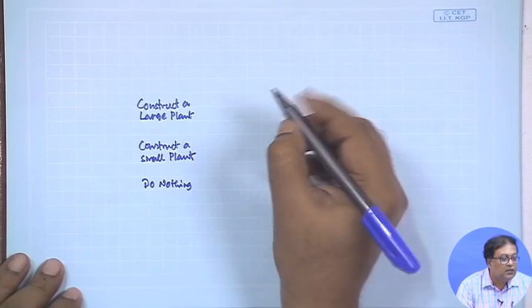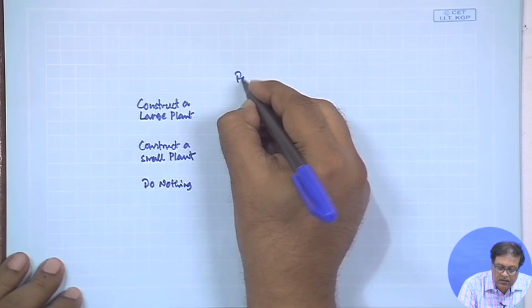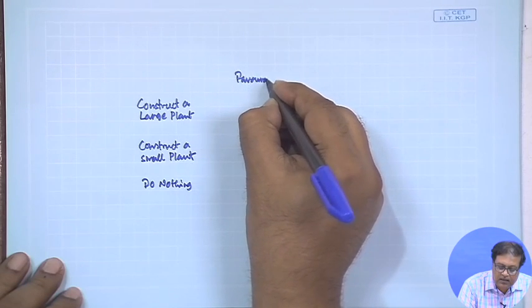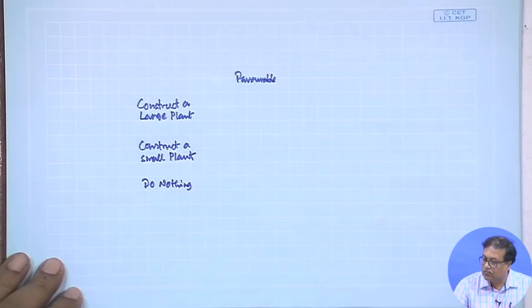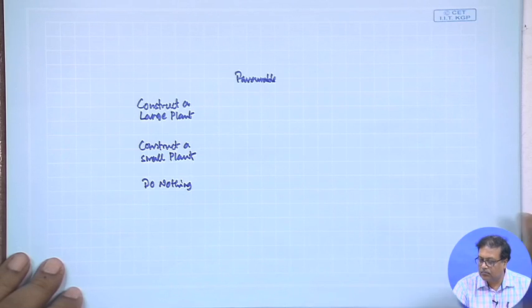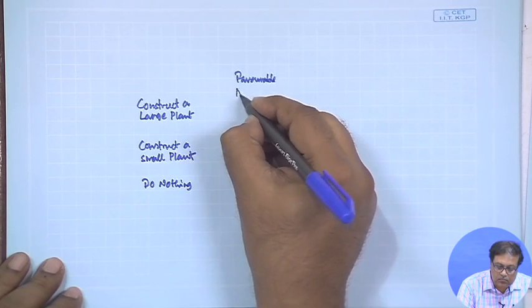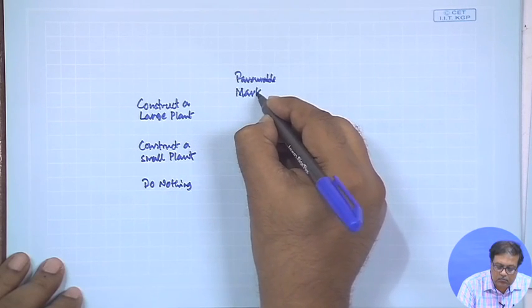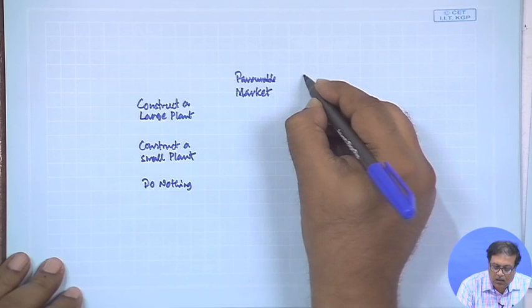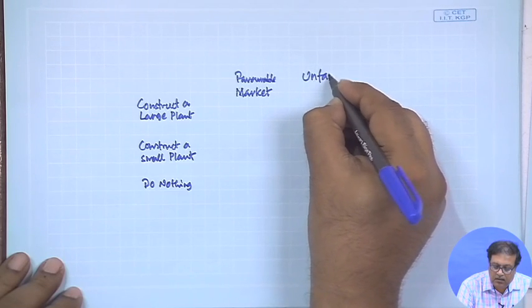And we have the two states of nature, favorable market and unfavorable market.